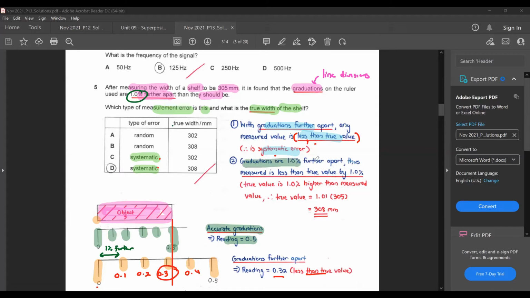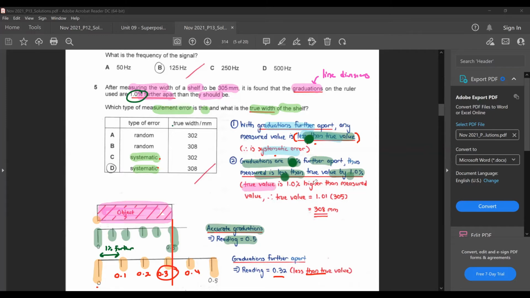Since the graduations are 1% further apart, your measured value is actually less than true value by 1%. Just now here we already determined your measured value will always be less than the true value. So since your graduations or line divisions are 1% further apart, your measured value will be less by 1%. Okay, so this in turn means this now.